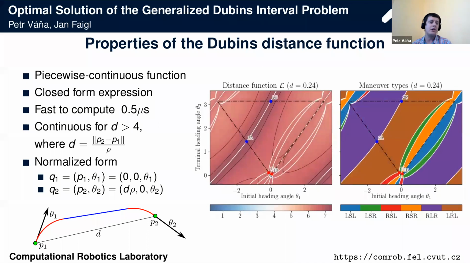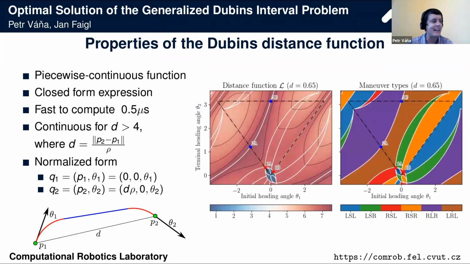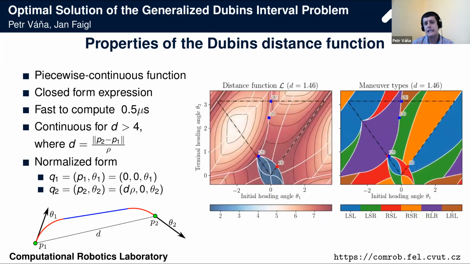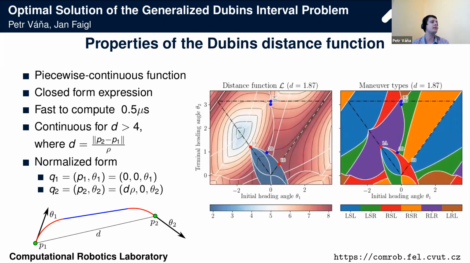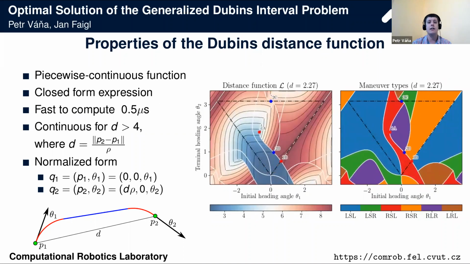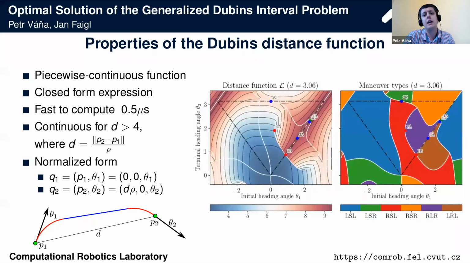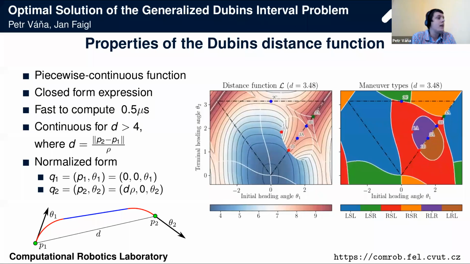So I need to talk a little bit about what you are seeing. First of all, there is a distance called d, and this is the distance between the initial and final location. And this is multiplied by the minimum turning radius rho.